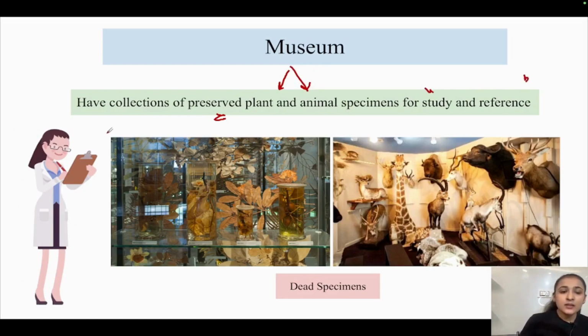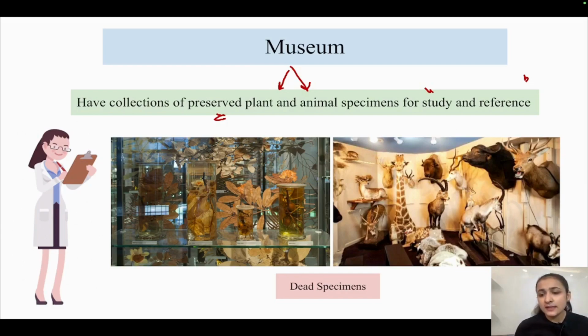So Emma will compare her plant specimen to the already present dead specimens there, and that is how she will compare, identify and classify her plant. If she finds a related or similar plant, she would be able to find out the similarity and then identify that particular plant.